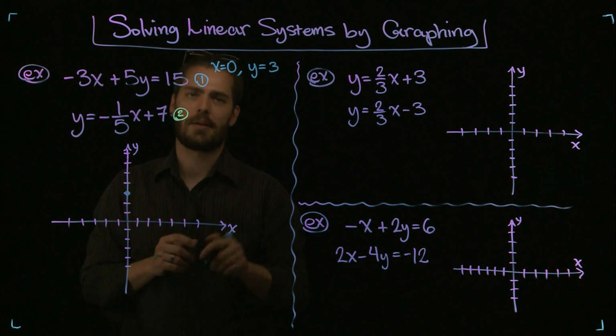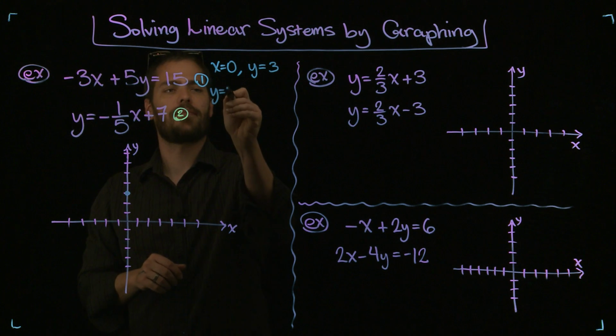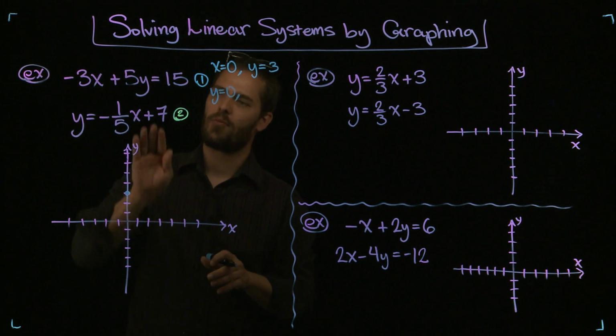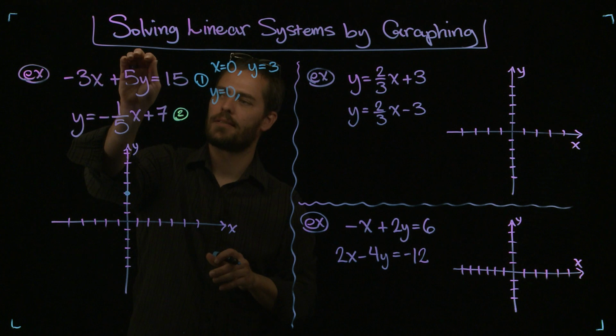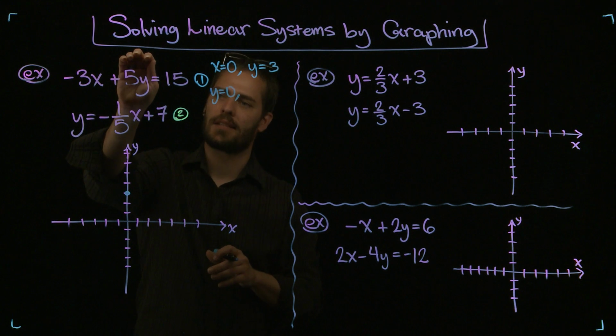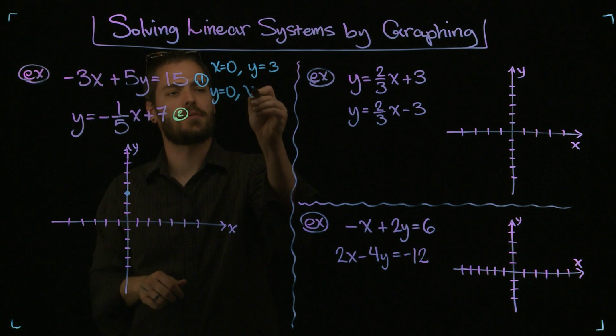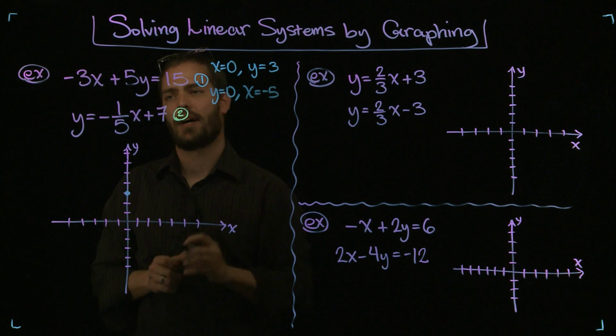For the x-intercept, I'm going to let y equal 0 and then find the corresponding x value. If y is equal to 0, I put my hand over this, then negative 3x is equal to 15. Solve that for x by dividing both sides by negative 3, and that gives me x is equal to negative 5.